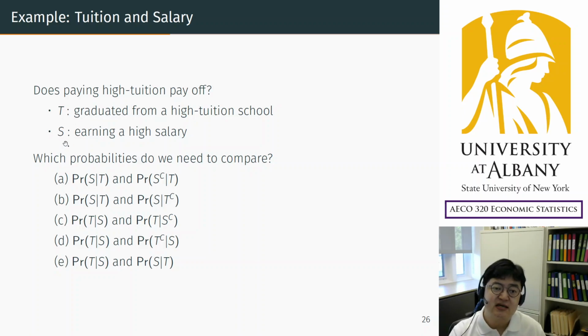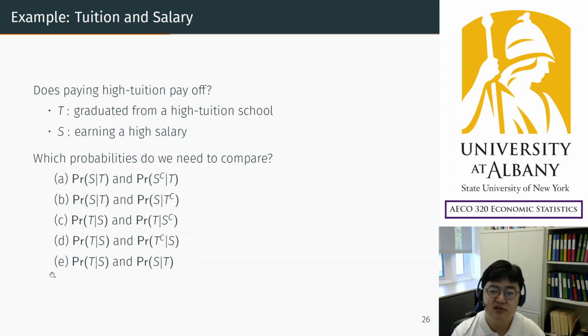And S stands for high salary, if a randomly chosen person is earning a high salary. So we are going to compare the relationship between tuition and salary, whether high tuition implies high salary.